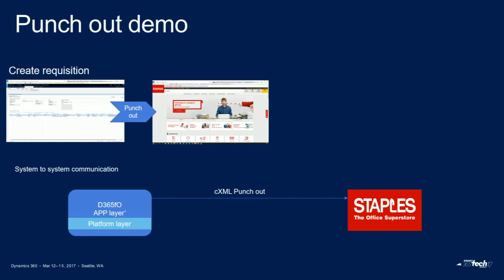When you do that, you go to this external site, shop there, make a shopping cart, and then check that out. I forgot to say that the lower part here represents what's happening, and Mehmet will go into detail on what happens from Dynamics 365 to the vendor's system. There is an XML punch-out setup request that's configured with the credentials and secrets and URL where to return and so on.